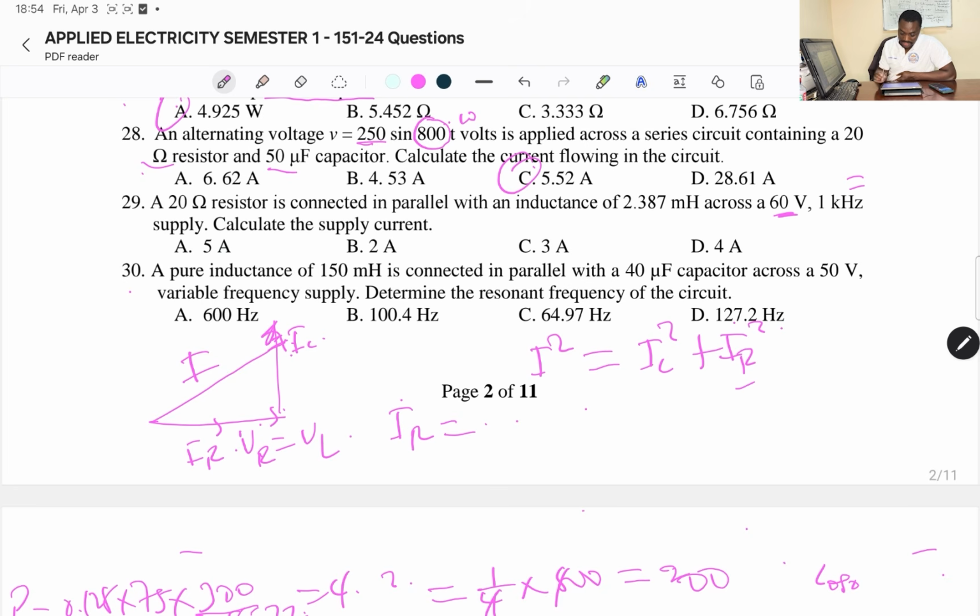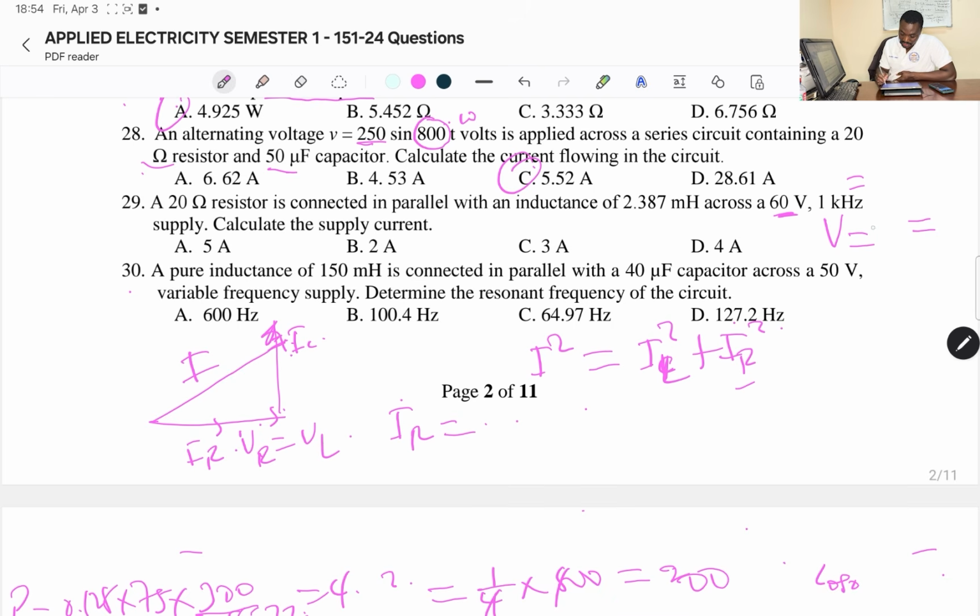Because they are connected in parallel, the voltage supply is the same as the voltage across the inductor, not a capacitor. So this is VL.